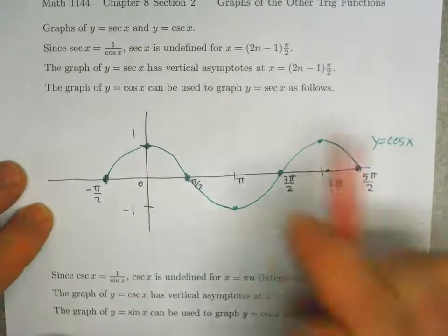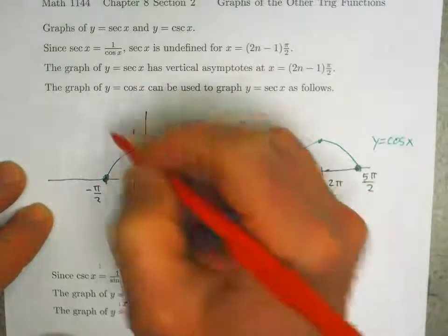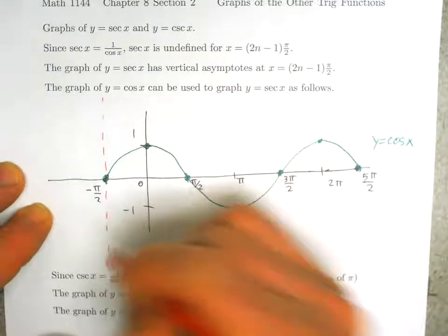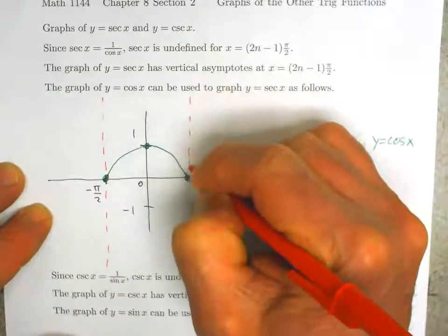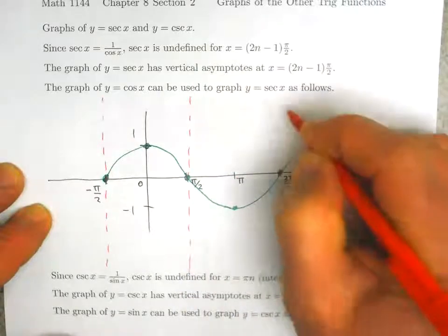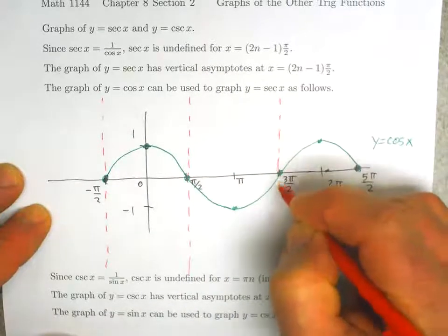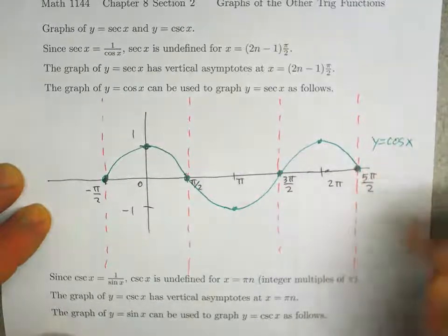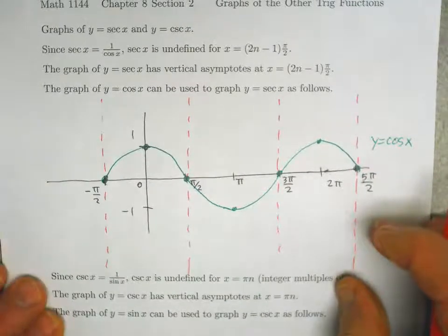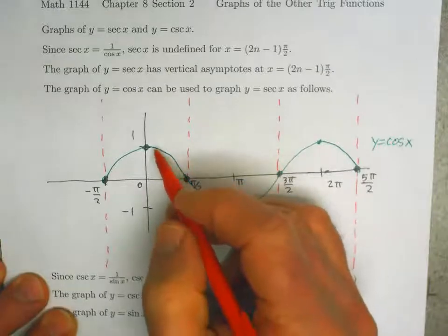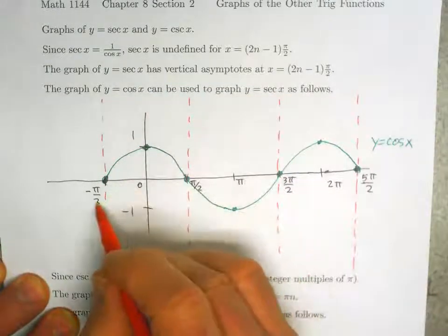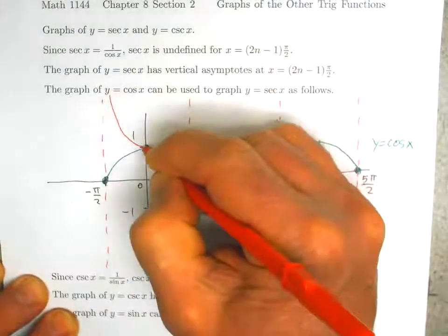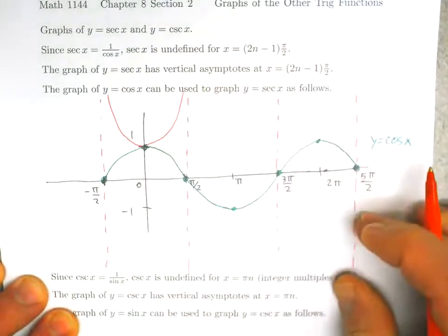So y equals secant of x has vertical asymptotes at the odd multiples of pi over 2. And so y equals secant of x between negative pi over 2 and pi over 2 will look something like that.